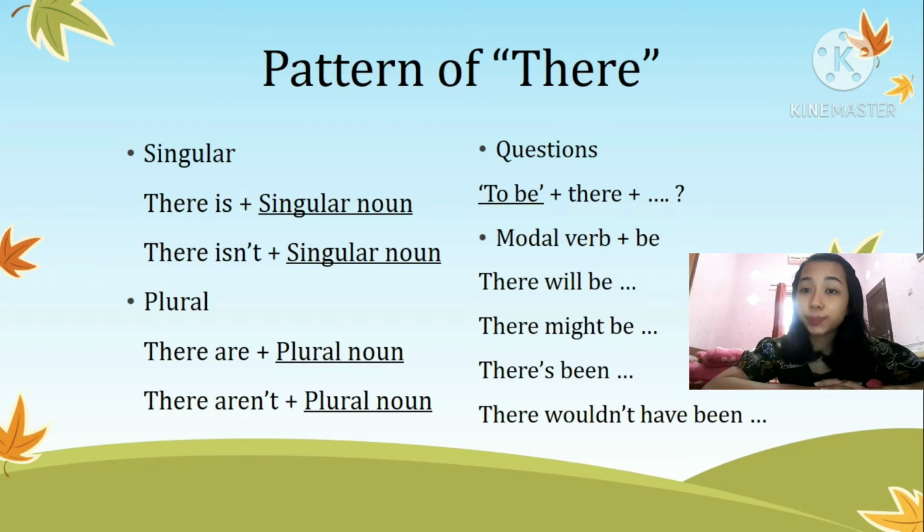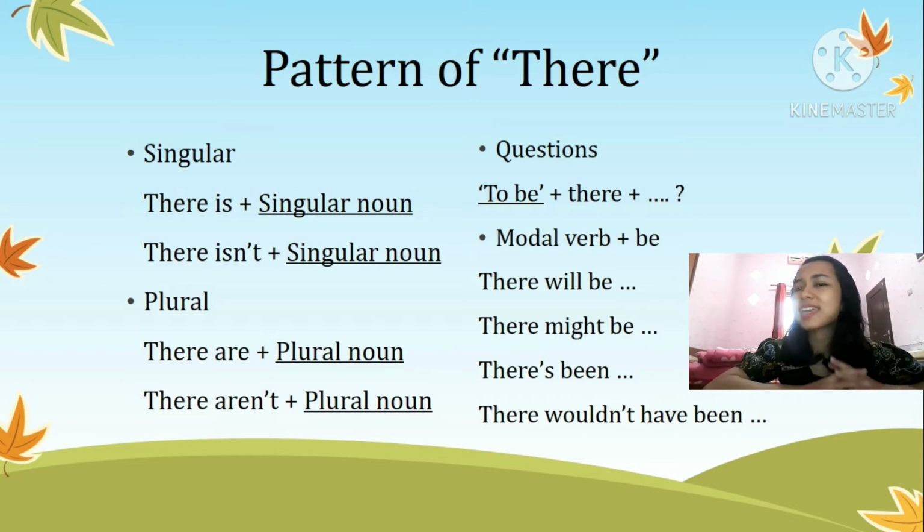The second pattern is plural. When you want to say something exists but is plural, you have to use there are plus a plural noun. Otherwise, you have to use there aren't or there are not plus a plural noun when you want to talk about something that doesn't exist. Third is questions.